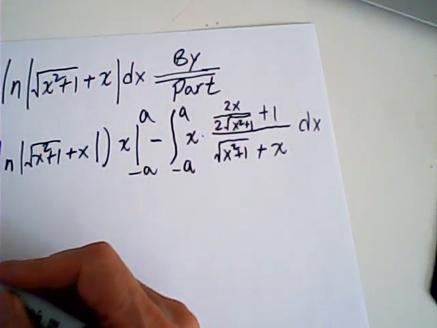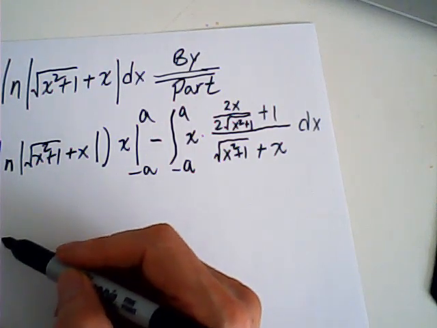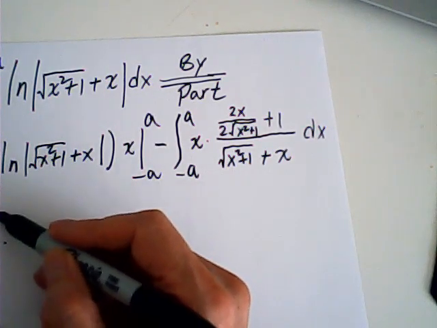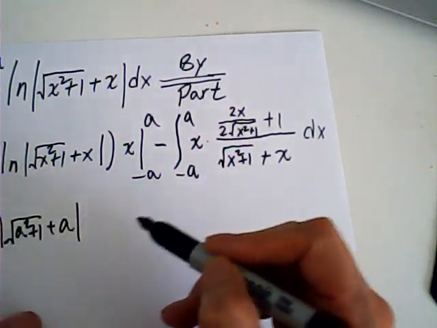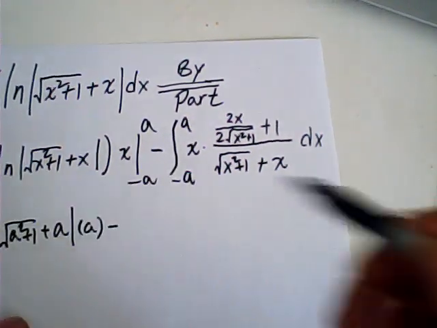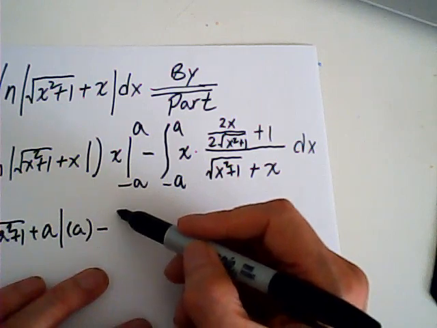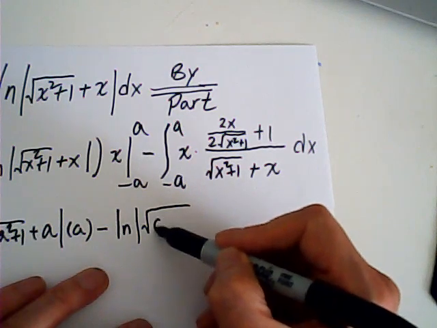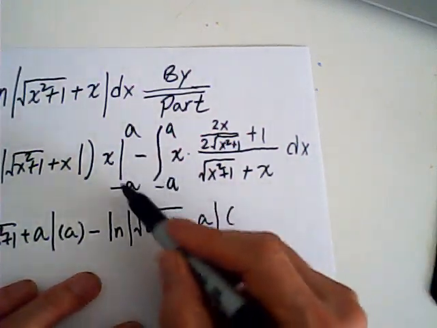Then simplify. This one will be log of square root of a squared plus 1 plus a, multiplied by a, right? Minus log absolute value of square root of a squared plus 1 minus a, multiplied by negative a, right?